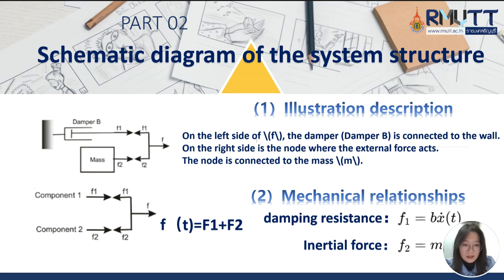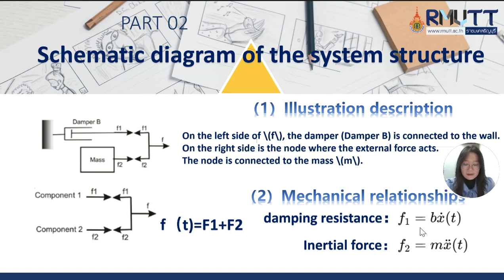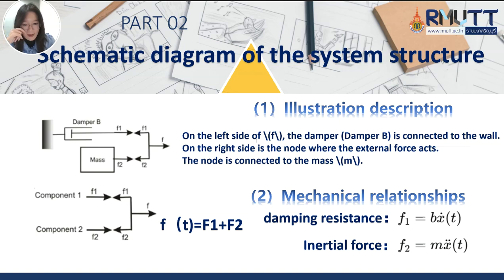Among them, the calculation formula for the damping force F1 is B x dot t, where B is the damping coefficient and x dot t is velocity.